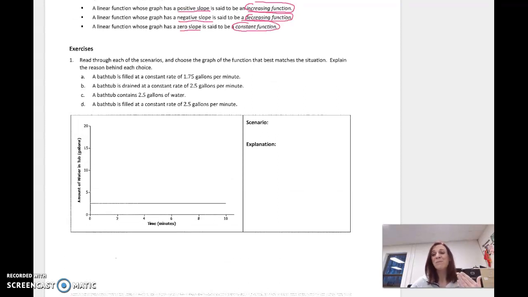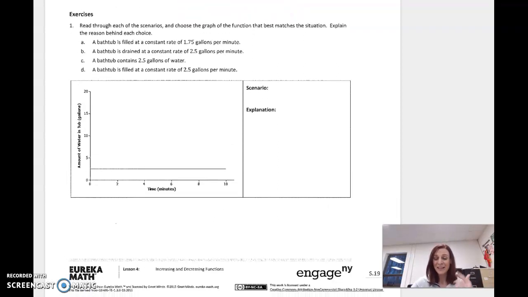No, okay. Step back for a second and let's think about this. It's being filled at a constant rate. Remember, rate of change, unit rate, slope, it's the number we're multiplying by. And you see the word per right here, right? Okay, we're going to take 1.75 gallons and multiply it by the number of minutes.